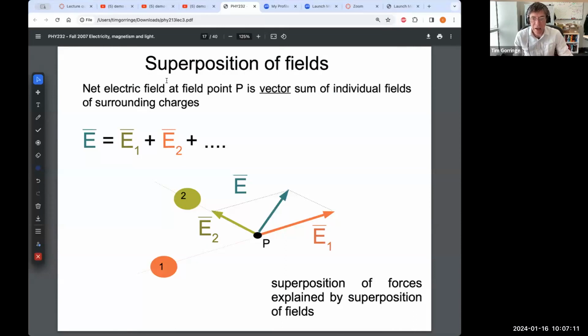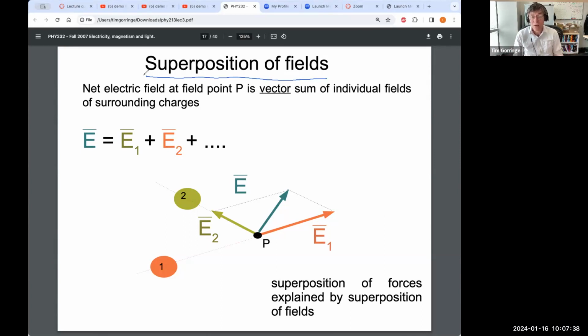This is my slide to introduce the superposition of electrical fields. You might say, I think I've seen this slide before, because you did, when I was talking about the superposition of electrical forces.